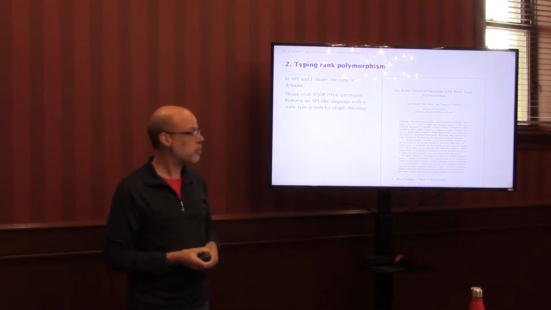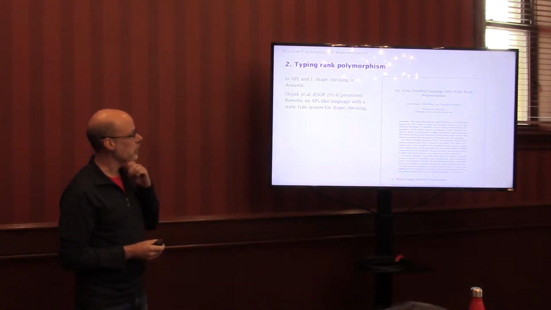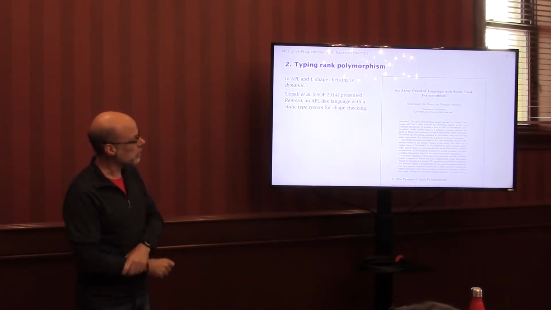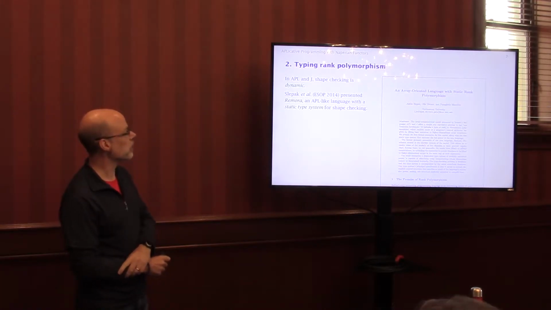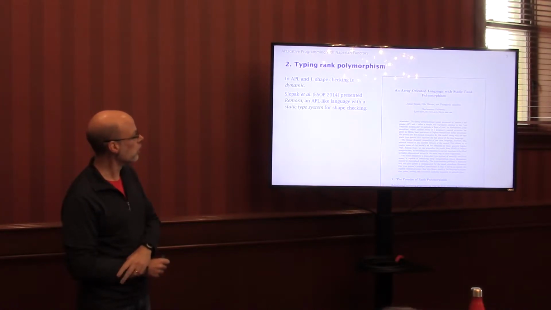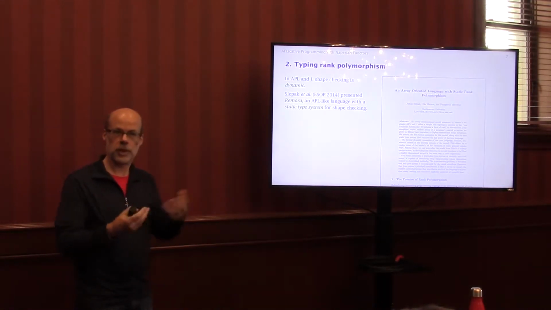There was a very nice paper from ESOP 2014 by Justin Slepak and co. on making a static type system for array-oriented languages like APL. They introduced a new language called Remora and provided a static type system for specifying what's allowed and what's not allowed.